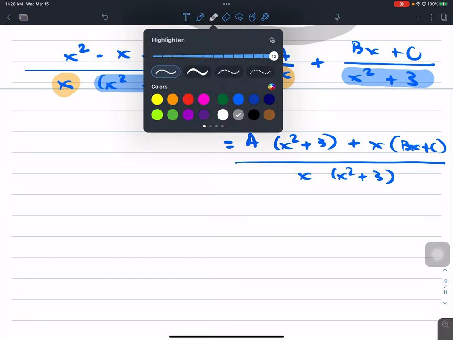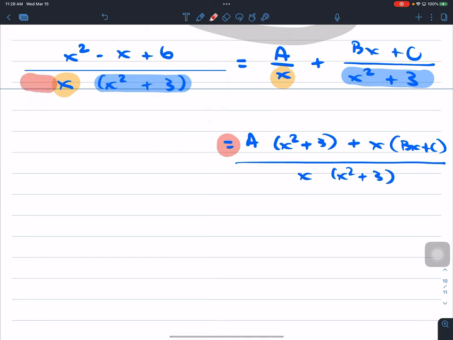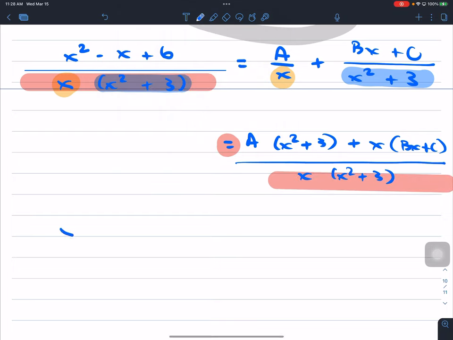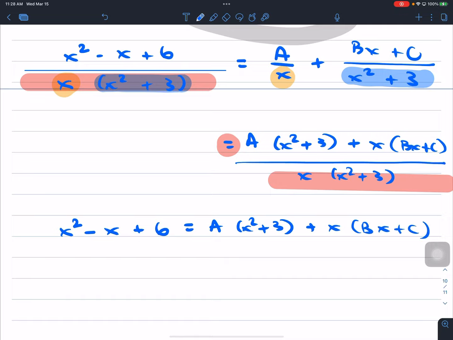So again, we have equal fractions with the same denominator. Here's what that means. You get x squared minus x plus 6 will be A times x squared plus 3 plus x times Bx plus C.